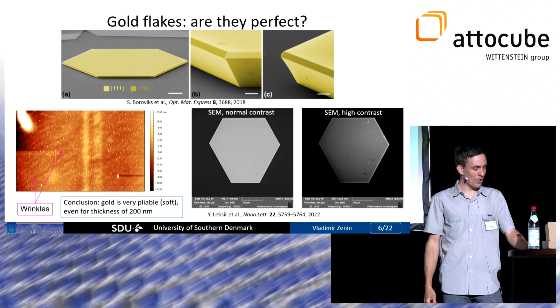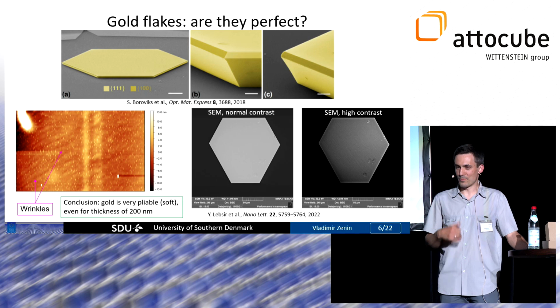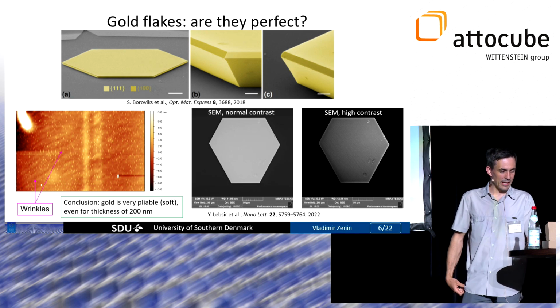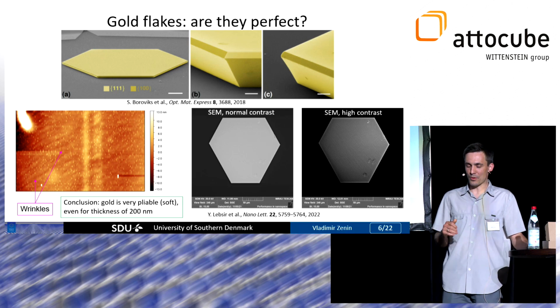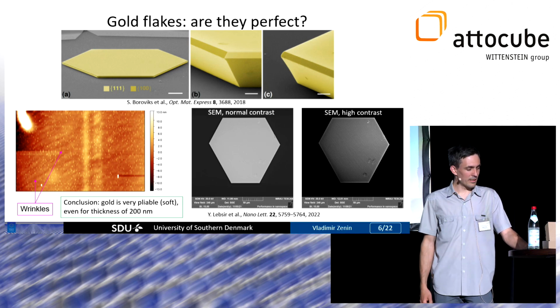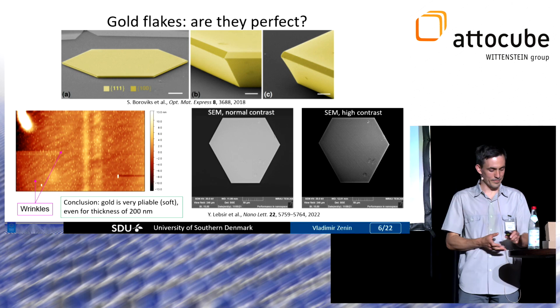Here the thickness was 200 nanometers. At first we couldn't believe that for this thickness there would still be some waviness. To make it atomically smooth, you should either use a perfect substrate, like silicon or mica, or you can go and use gold flakes which are thicker.